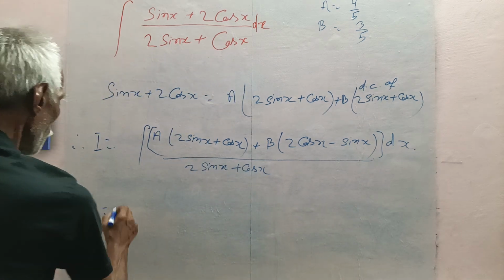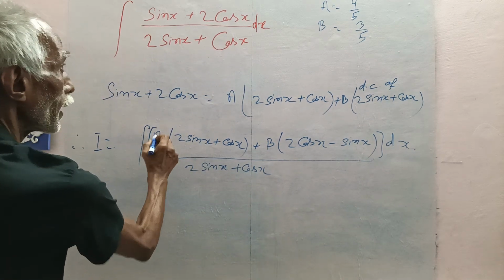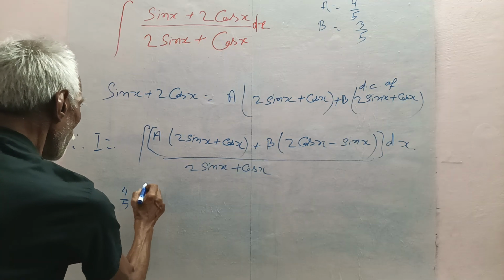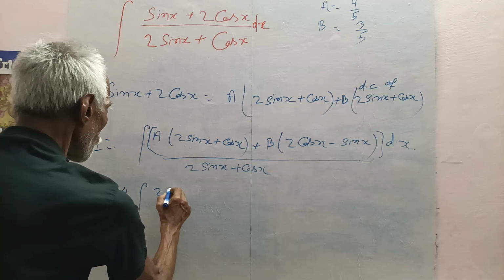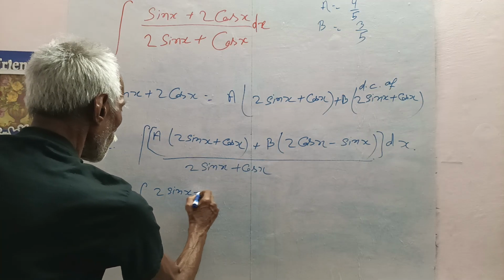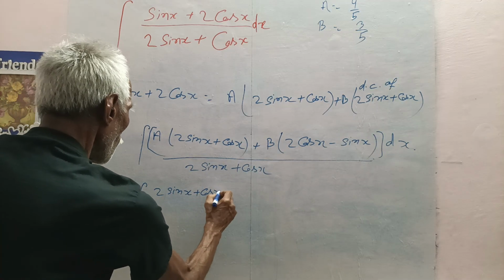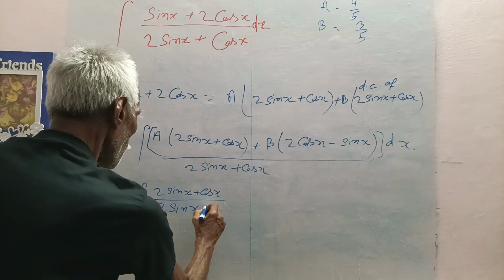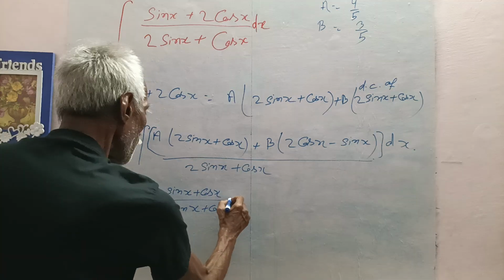Now write individually. For a, write 4/5 here, and here write (2 sin x plus cos x) by (2 sin x plus cos x) dx.